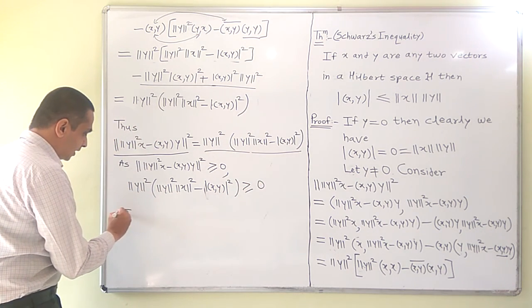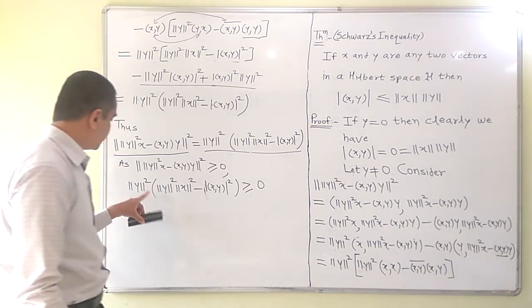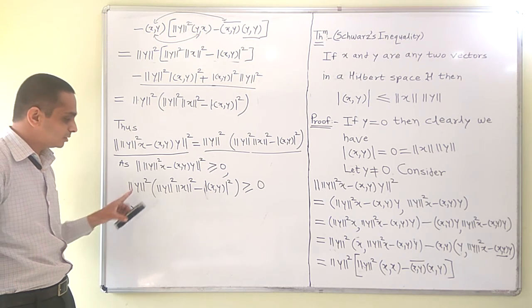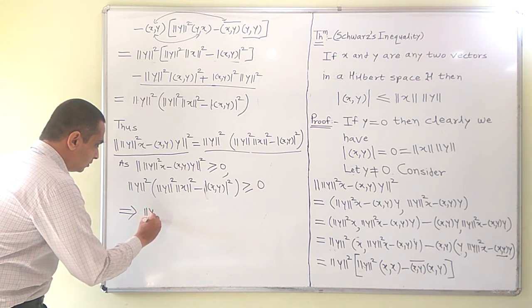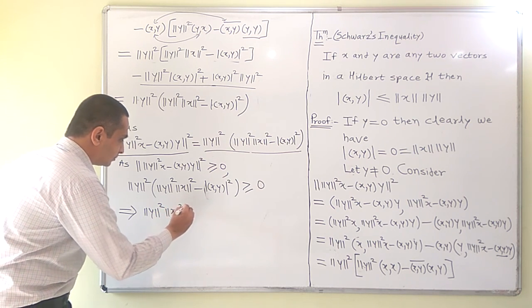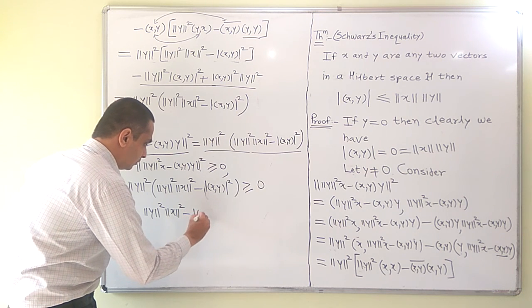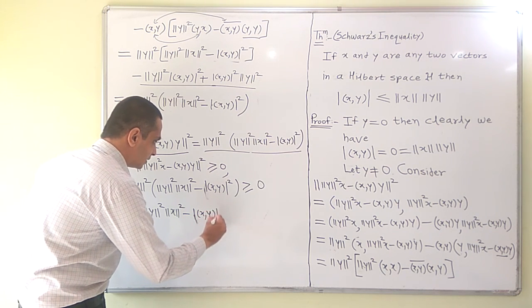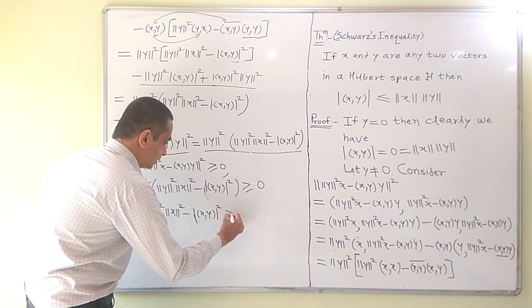This implies that, recall that y is non-zero, that's why norm y square cannot be 0. So, we can cancel it out and what we are left with is norm of y square into norm of x square minus modulus of xy square is greater equal to 0.